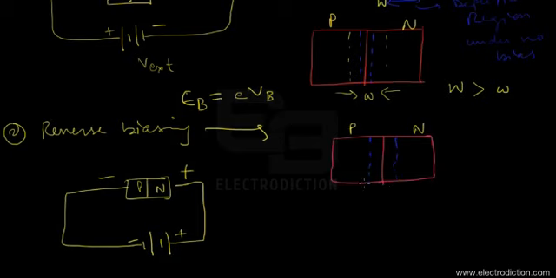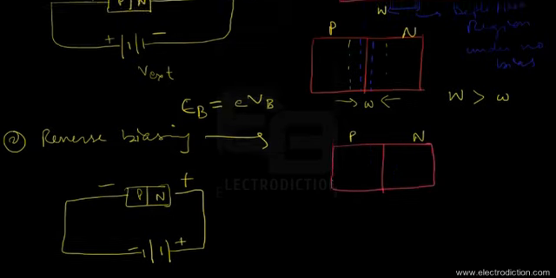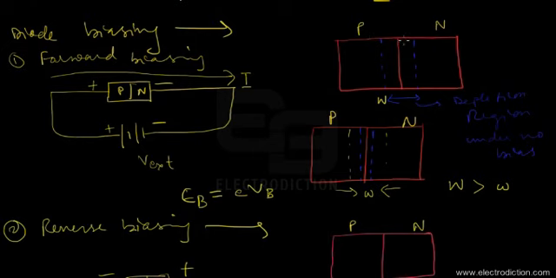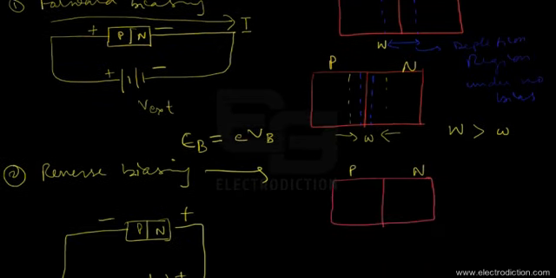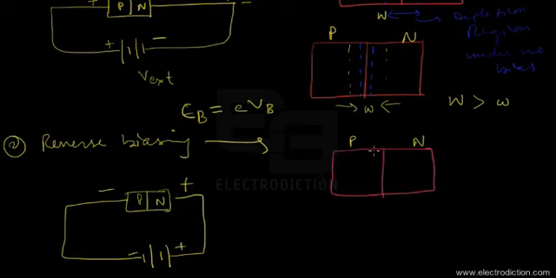Or rather, let's take the reference of the previous diagram of the P-N junction diode under no bias condition, whose depletion region width was W, and upon reverse biasing, the depletion region width increases so that the new width, let's say, is a small w in this case.